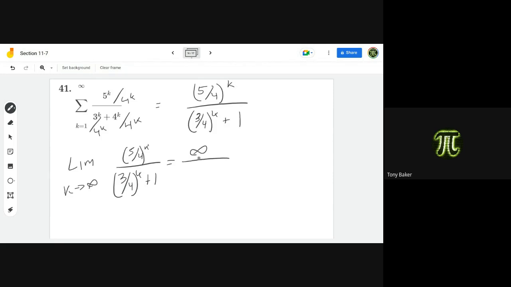It goes to 0, because that's a geometric series and the ratio is less than 1, right? So that's going to 0. So that's 0 plus 1, which is 1. This is not an indeterminate form. This goes to infinity, which means this is divergent based on the test for divergence, because the limit of it goes to infinity. It doesn't go to 0.